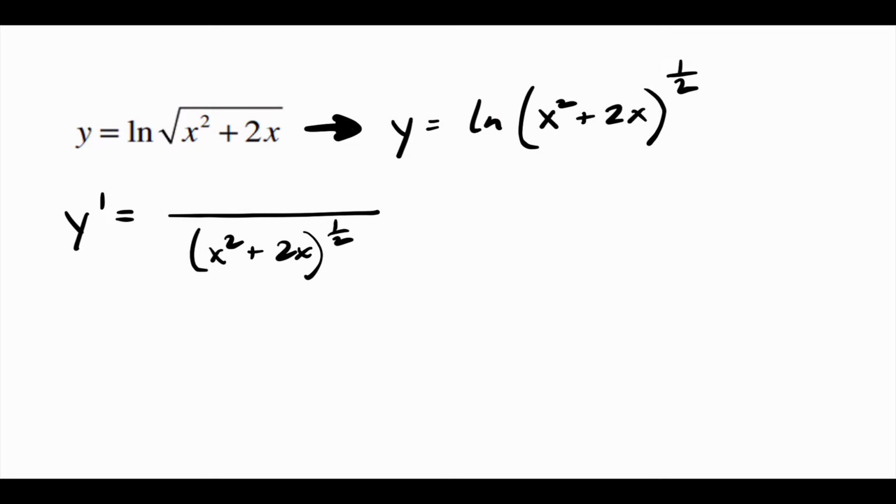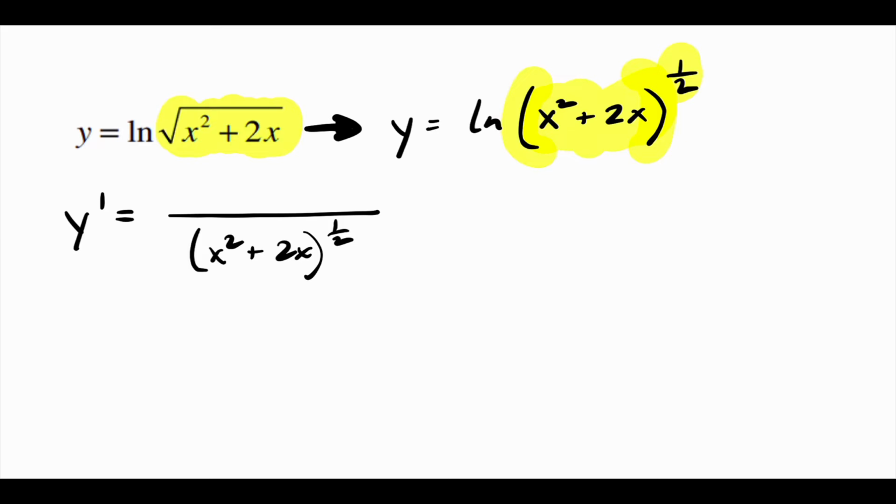Its derivative goes on the top. So the derivative of the stuff is right here. This is the stuff I'm talking about. We've got to find the derivative of that.